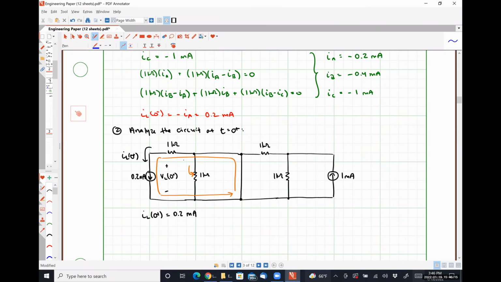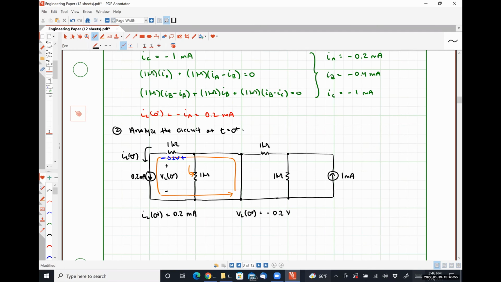our current is circulating in such a way that it's flowing like this. So what's the voltage drop over this 1 kilo ohm resistor? 1 kilo ohm times 0.2 milliamp should be 0.2 volts, right? If I do KVL around my orange loop, I should easily be able to see that VL at 0 plus is negative 0.2 volts.